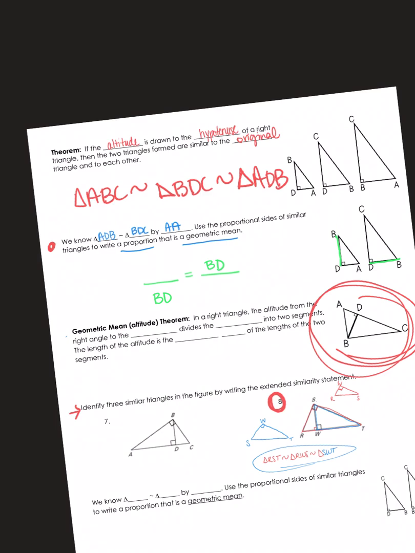So if I want to go small triangle over BD, what corresponds there? So DA here corresponds to DB here, right? So I'm going to put an AD in for that. And then we've got BD on the little triangle, which is going to correspond to CD on the middle triangle. And that right there is a proportion, okay, by using corresponding sides, and it is also a geometric mean because those two segments are the same, okay?